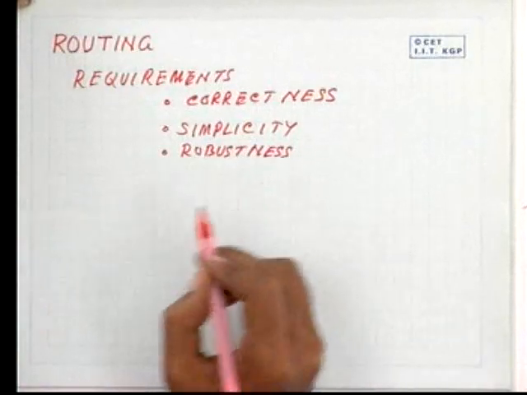The algorithm has to take care of this situation. If the algorithm can take care of these situations, it is robust.